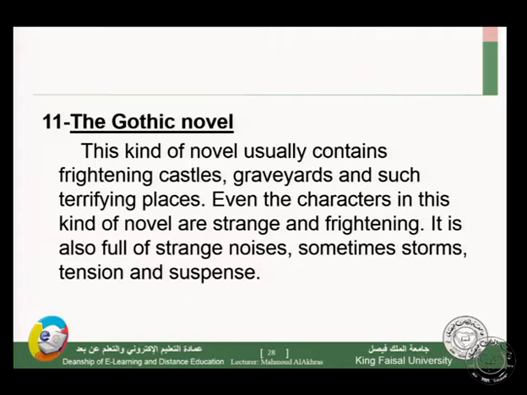We have terrifying places such as graveyards, terrifying castles, and we also have strange characters, frightening characters, strange noises, sometimes storms. We have tension and suspense in this kind of novel.